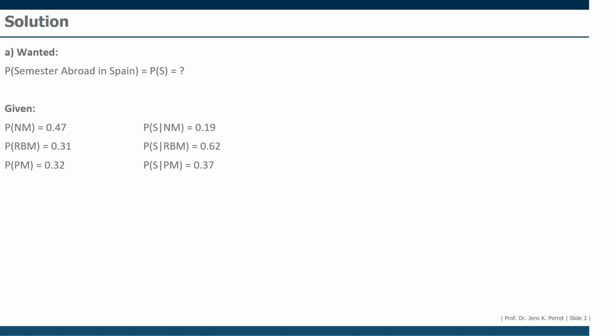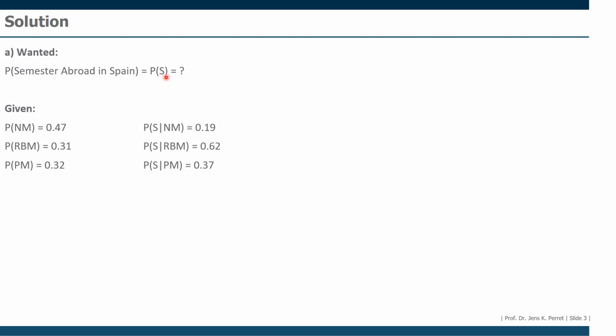What do we know? Well, we know all the different shares for the study programs. That's this part here, with the added information that they add up to 100%. And we know the conditional probabilities, conditioned on the study programs, that someone will study in Spain.